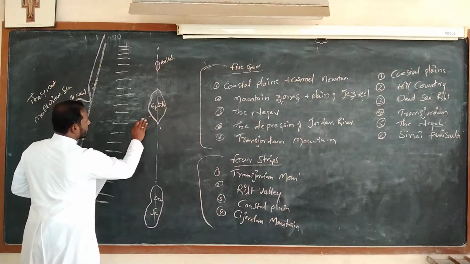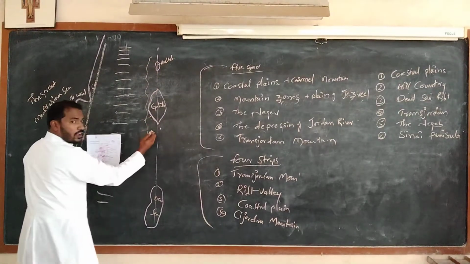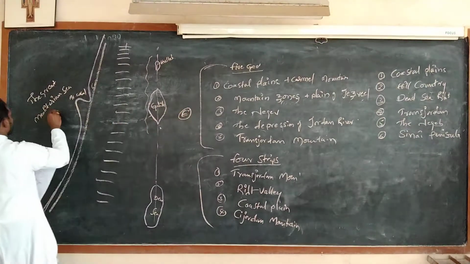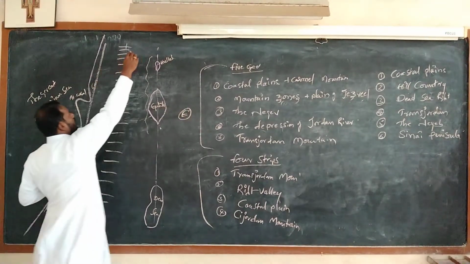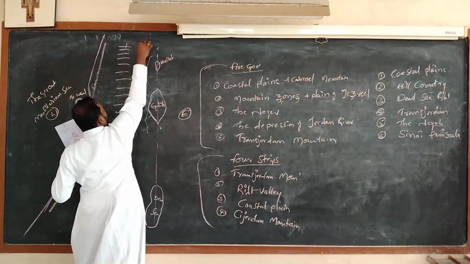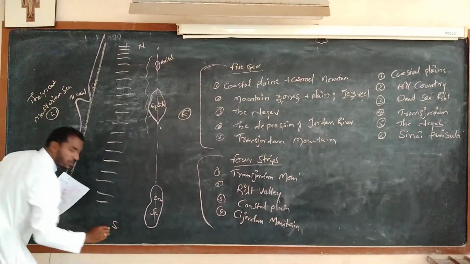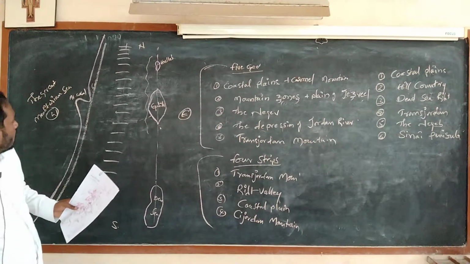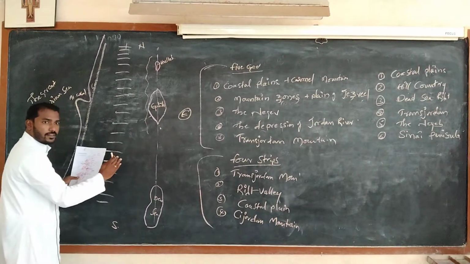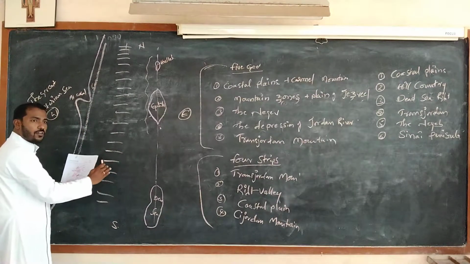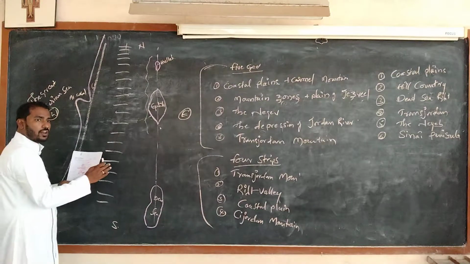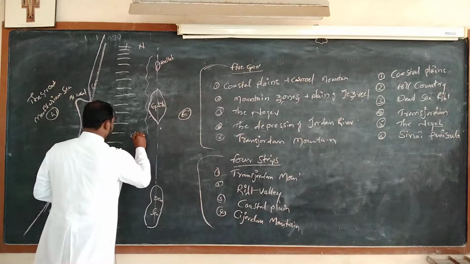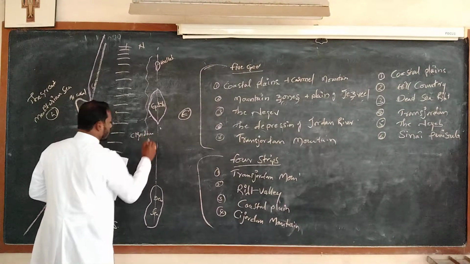This area is the west bank. This is east, this is west, this is north, this is south. The west bank of the river Jordan is called Sea Jordan.